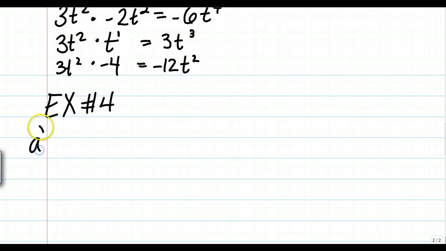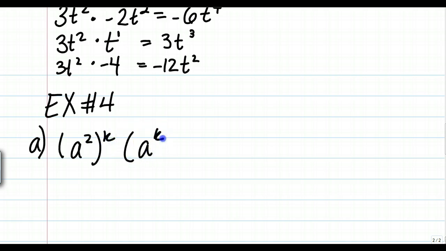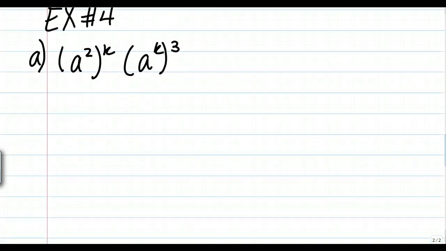I have A, letter A, and then we'll do a B, and then we're done. So we have A squared to the k power times A to the k to the third power. So I have a power to a power, so I'm going to multiply. 2 times k is 2k times, because this is really like multiplying them, right?